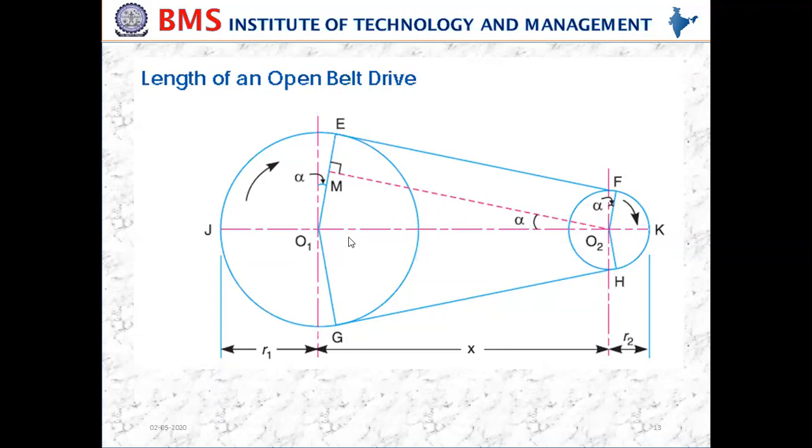Alpha is taken as the angle O1 O2 M, where O2 M is the perpendicular drawn onto O1 M. So 180 plus alpha plus alpha, totally it is pi plus 2 alpha, the angle of contact on the driver pulley, and pi minus 2 alpha, that is 180 degrees minus 2 alpha, gives the angle of contact on the driven pulley. So how do we derive this equation?